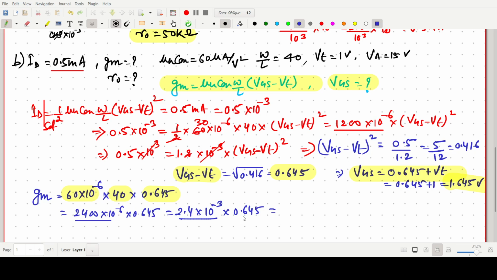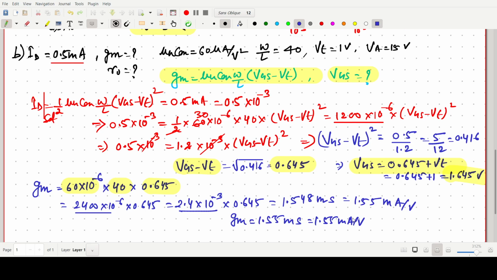So 2.4 into 0.645, if you multiply it will come 1.548, so 1.55 millisiemens, or one can write 1.55 milliampere per volt. Both are correct. So gm is now calculated.